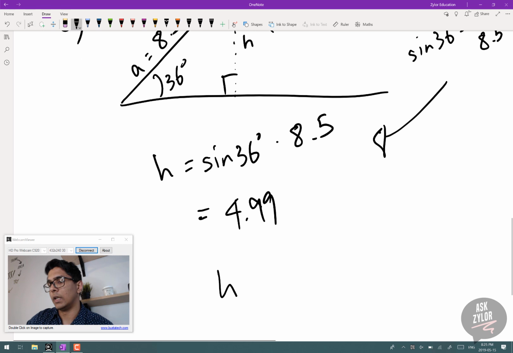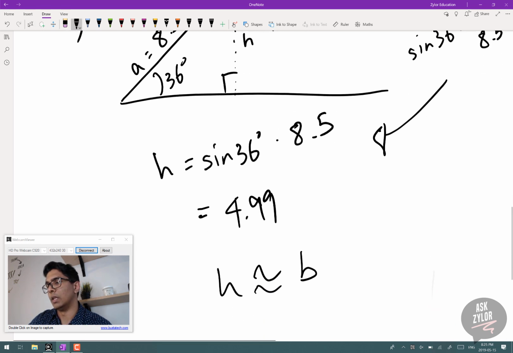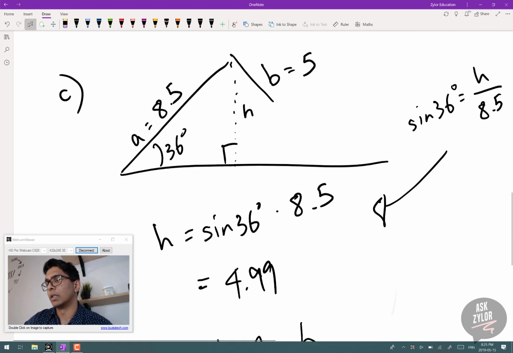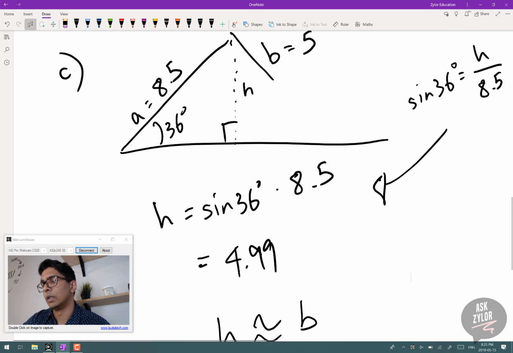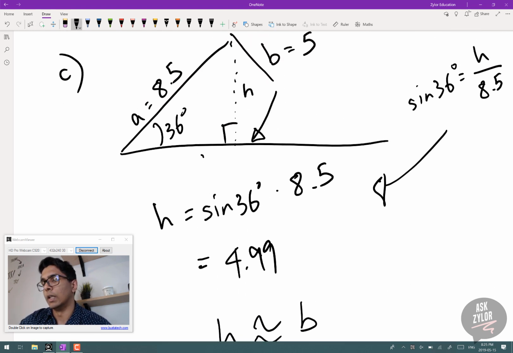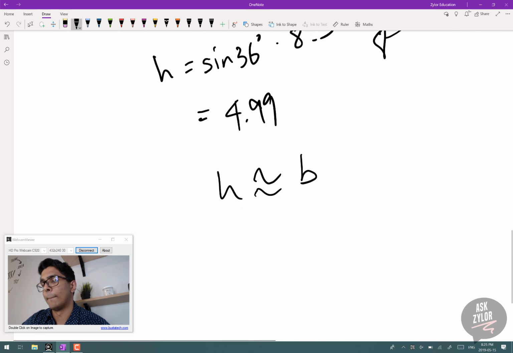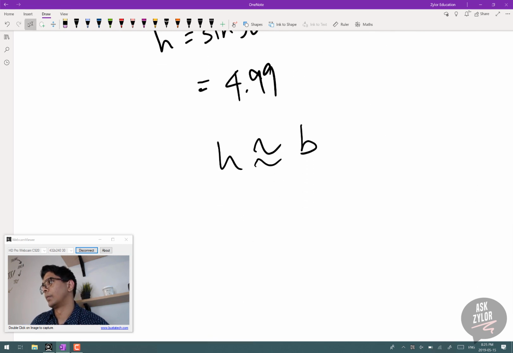My height is approximately the same as my B, which is 5. That means it can only touch the side length C exactly once, which is going to be the same as my height. So we have exactly one triangle.